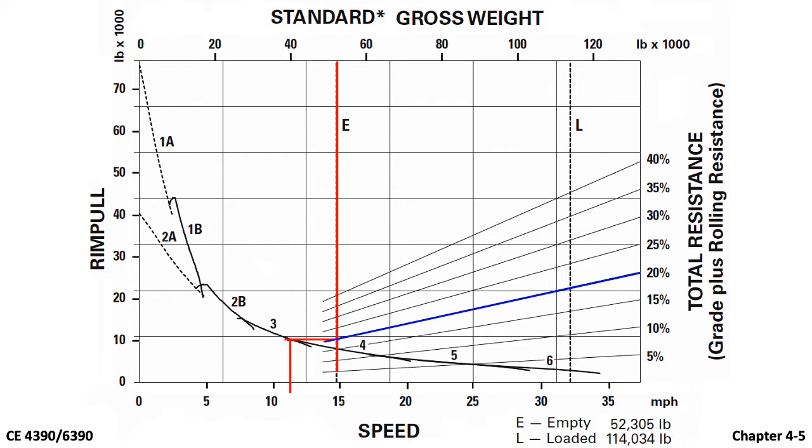Then you go vertically down to identify the speed. So in this case, it is around 11 miles per hour. So when the truck is loaded, you need to find the intercept between the L line and the 20% resistance line. So you repeat the process, you can get the maximum speed of around 5 miles per hour.